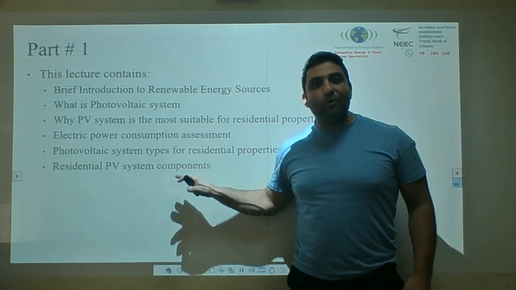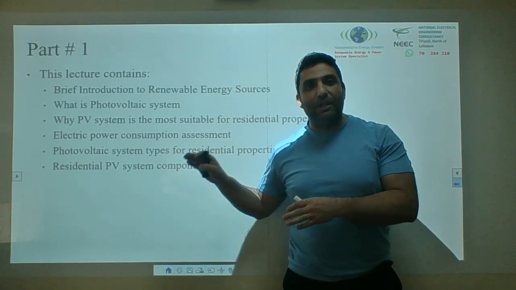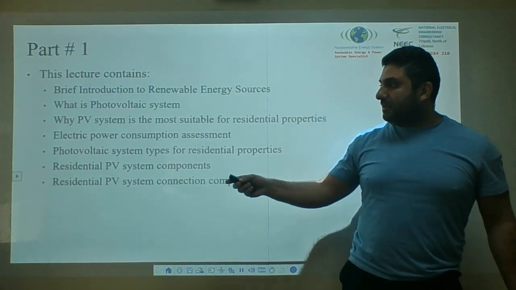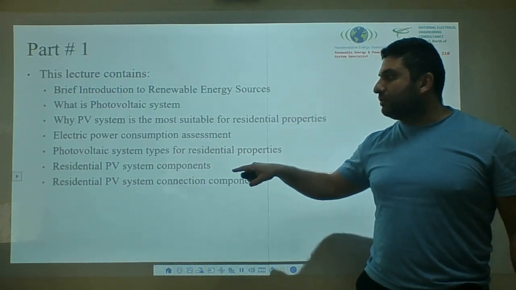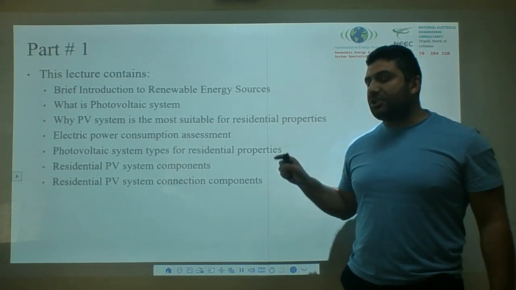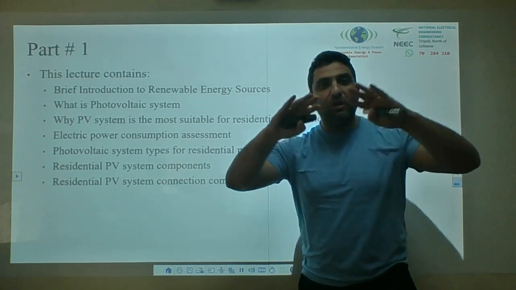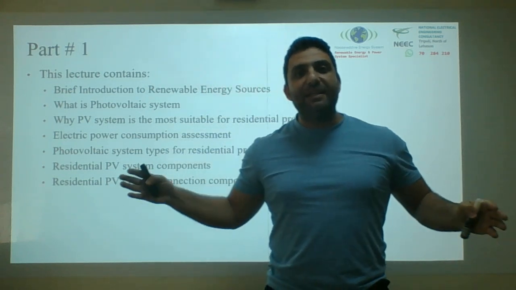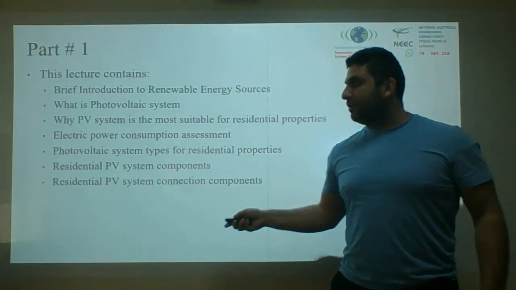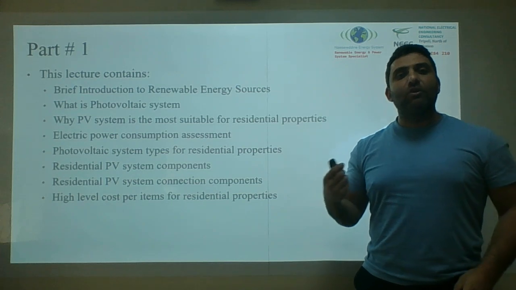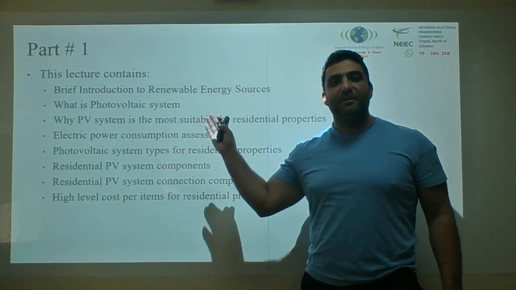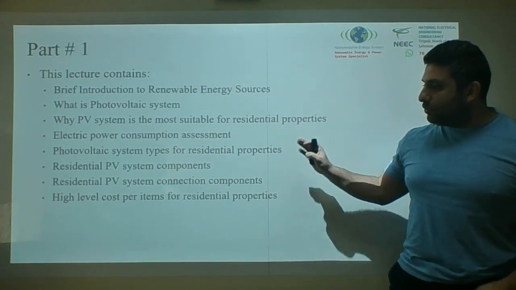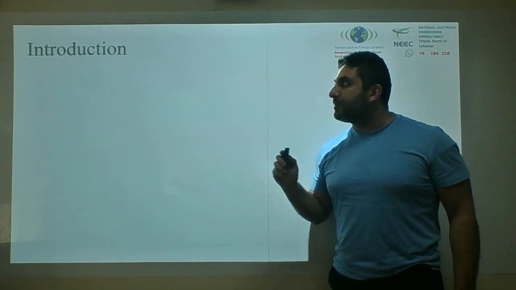We're not going to go in this lecture into the design element. And then we are going to go to residential PV system connection components. So when you want to connect, what are the components required for your system? That's what we're going to cover. And then high-level cost per item will be included. Let's start.